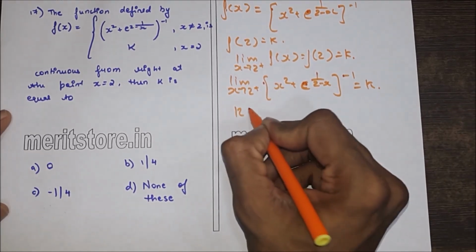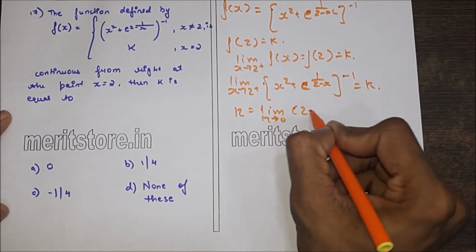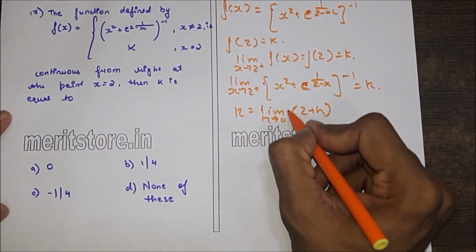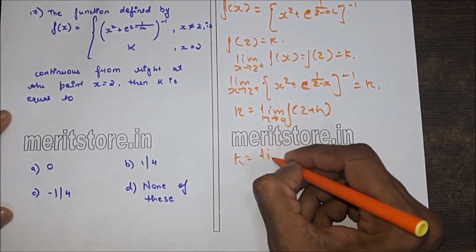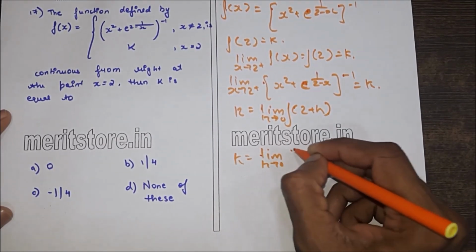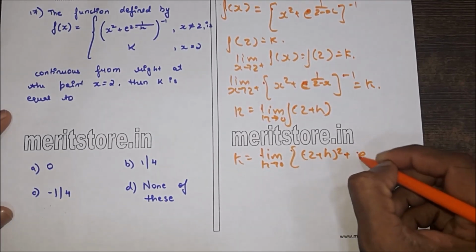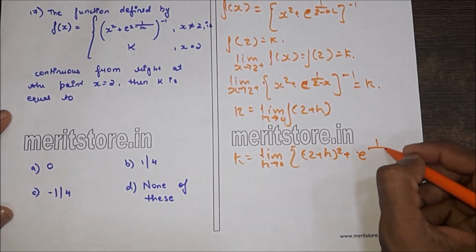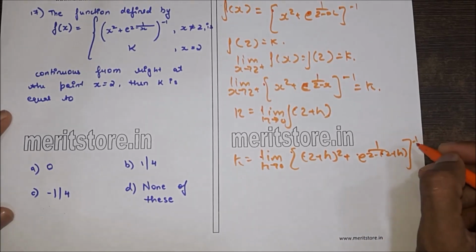Therefore we get k equal to limit h approaches 0 of f(2 plus h). We get k equal to limit h approaches 0 of (2 plus h) whole squared plus e raised to 1 by (2 minus (2 plus h)), raised to minus 1.